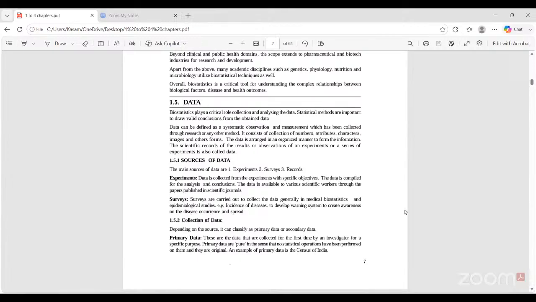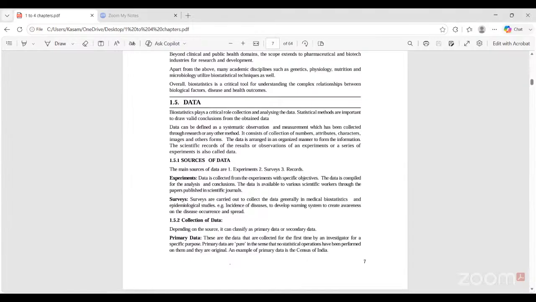Now we have come to the point of data. So what is data? Data means biostatistics plays a critical role in the collection of data.